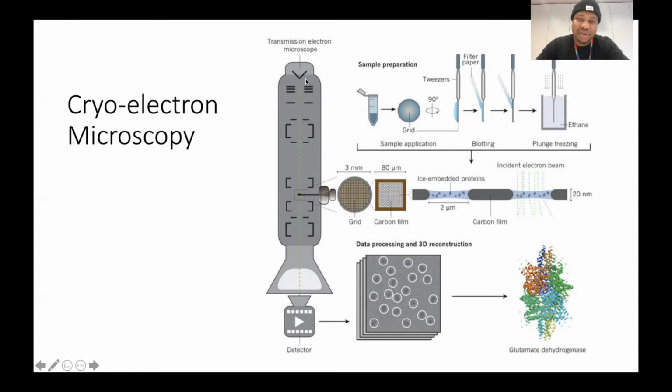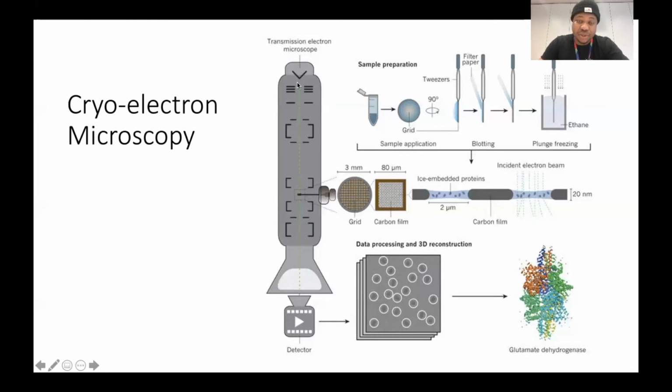You have an electron source which produces electrons. This microscope uses electrons instead of light in order to see, because the structures of proteins we're looking at are very, very small, and we can't make a microscope that uses light that has the properties that would allow you to see these small molecules.